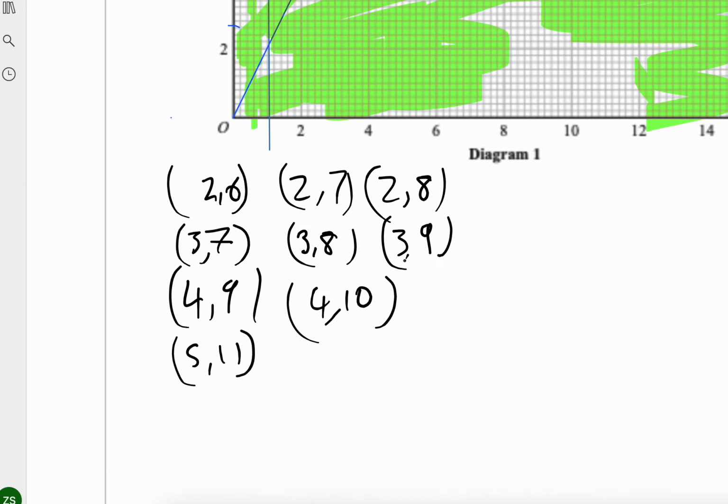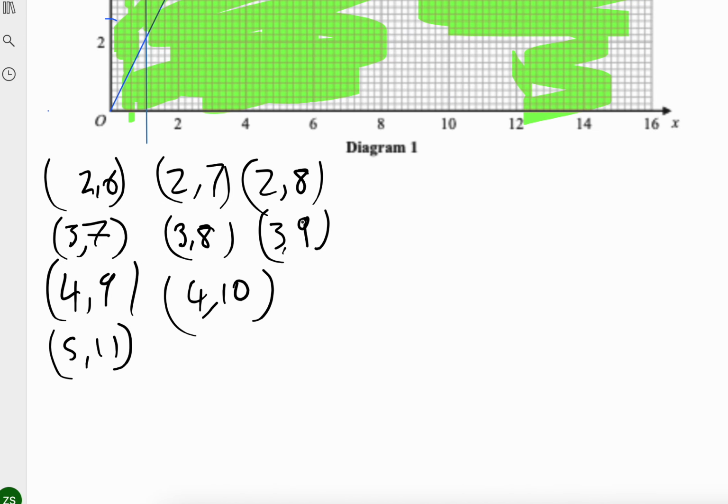Okay, so let's map these. What's 5x plus 1? 11. Yes. And what's y plus 1? 7.